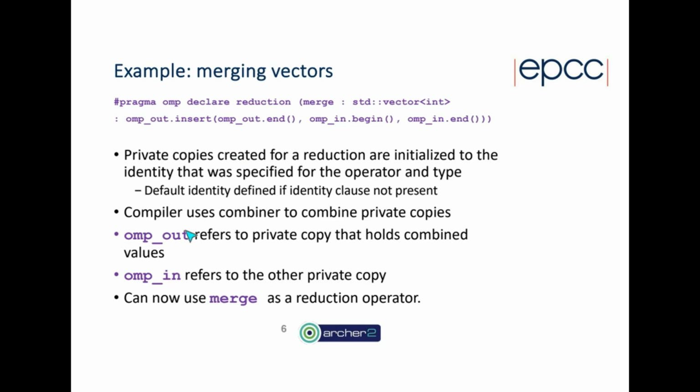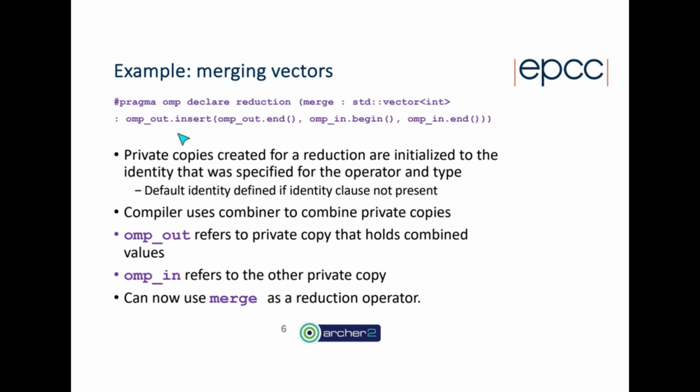In order to do this, there are two predefined variables, omp_out and omp_in. Basically, we write code that combines omp_out and omp_in and produces omp_out, so it overwrites one of the inputs with the result.